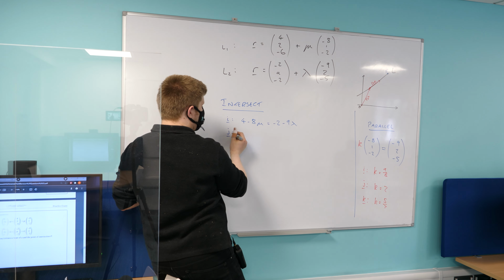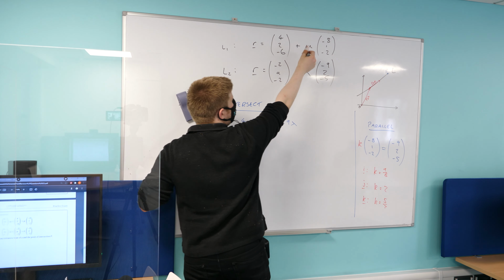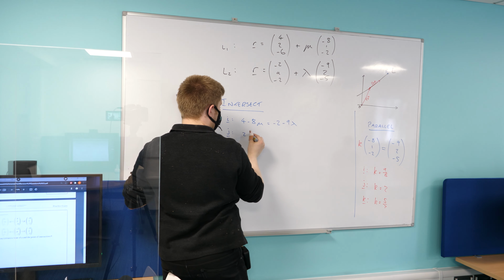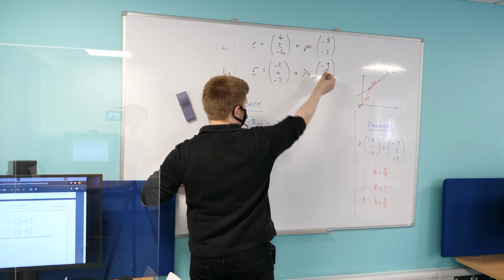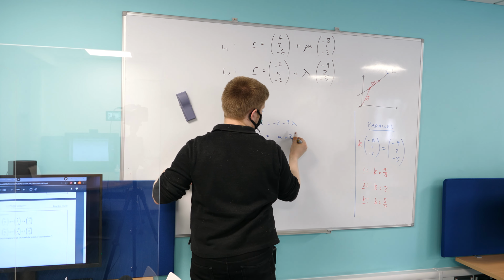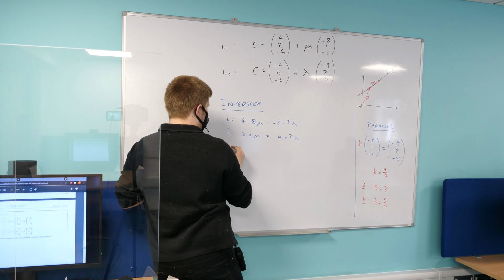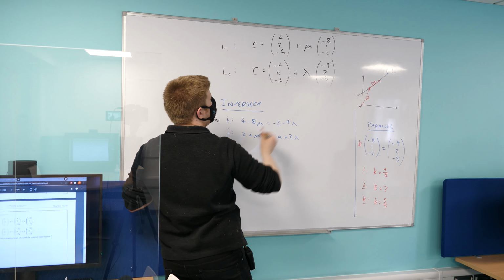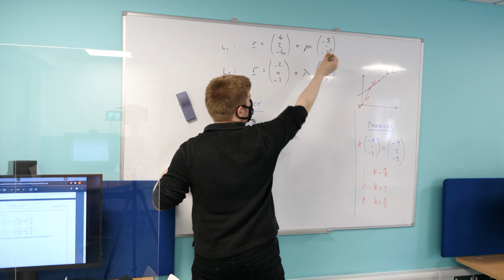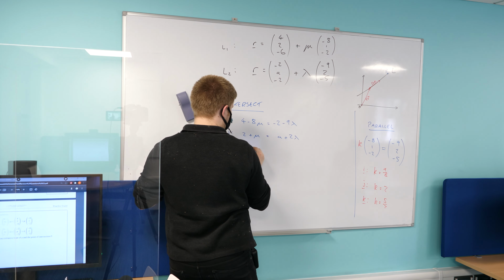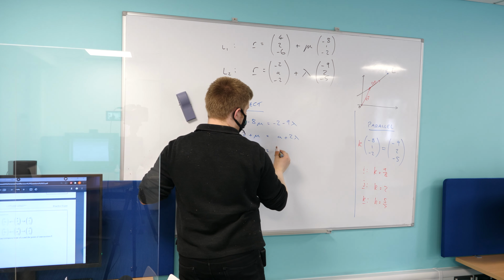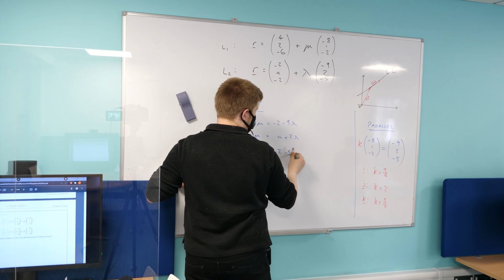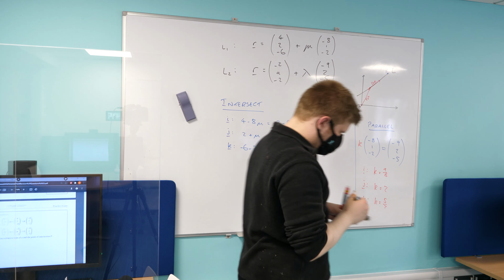If I think about my j direction, same kind of thing, 2 plus mu lots of 1, so that's just 2 plus mu, should be the same as a plus lambda lots of 2, so a plus 2 lambda. And for my k direction, I'm saying negative 6 plus mu lots of negative 2, so negative 6 minus 2 mu, should be the same as negative 2 plus lambda lots of negative 5. So negative 2 minus 5 lambda, like that.